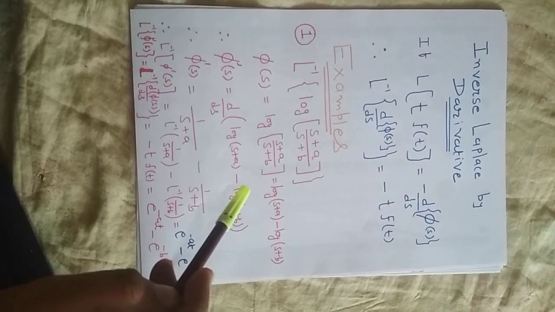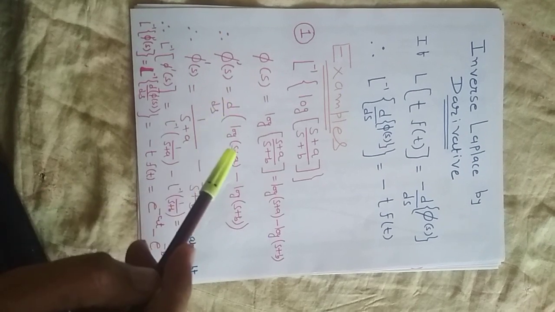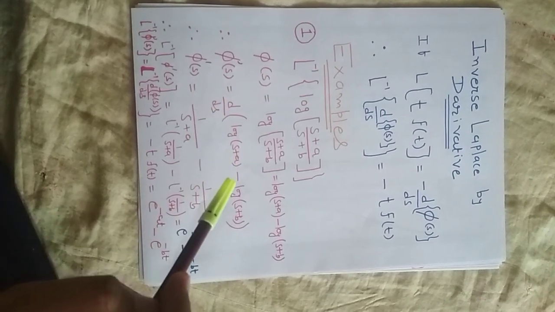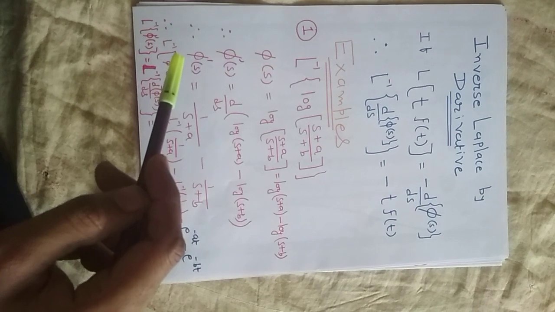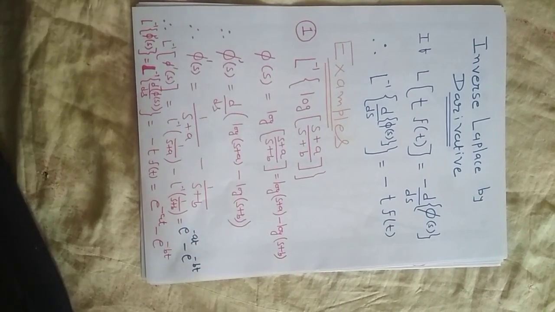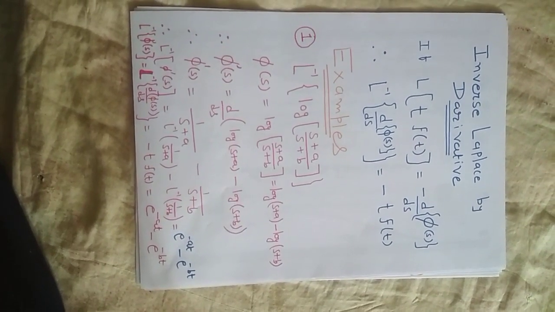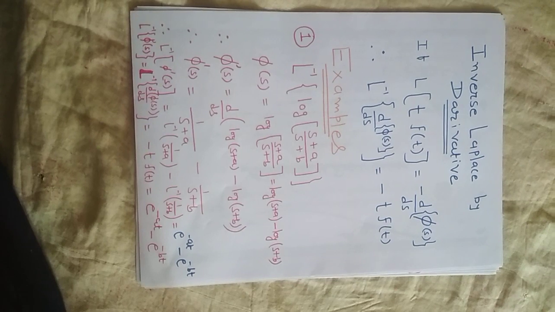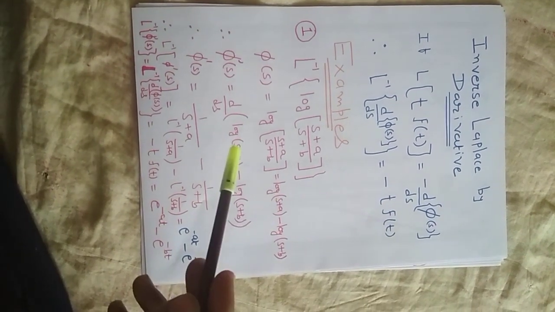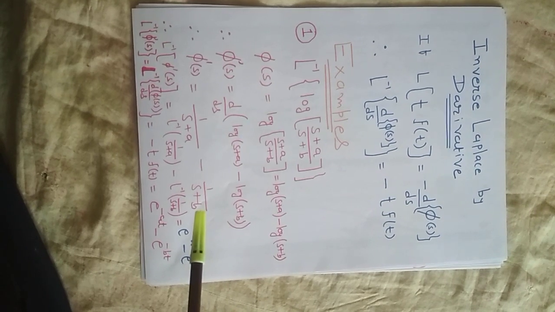Then phi dash s equals derivative of log of (s plus a) minus log of (s plus b). That means the derivative of this part is 1 upon (s plus a), and the derivative of this part is 1 upon (s plus b).